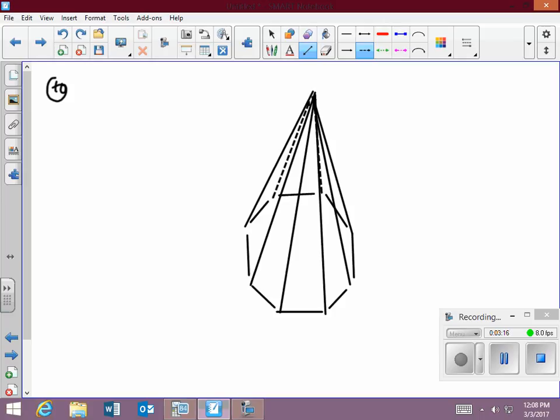Okay, then down in the middle here, that's the center of the base. And then, let's see, that's supposed to be the height inside there. And then it's an 8-sided figure.